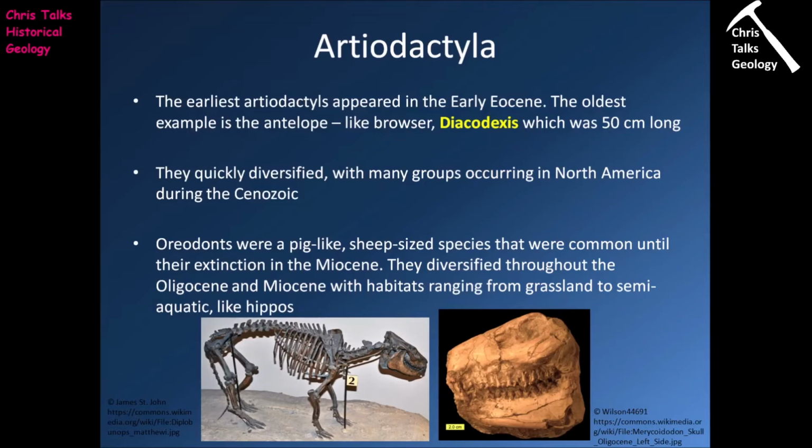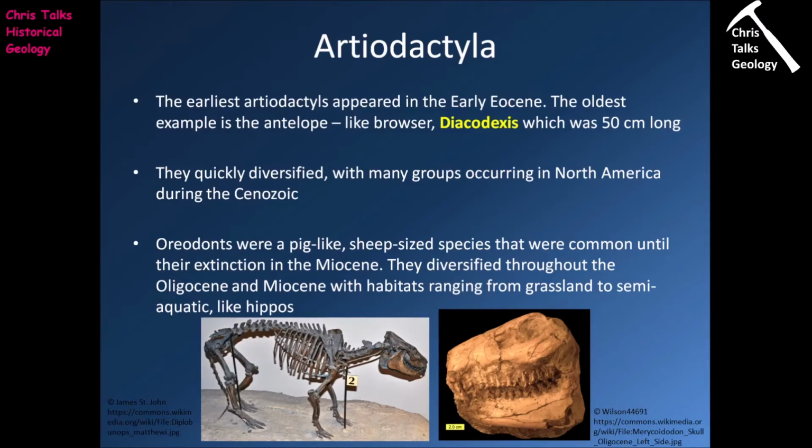The reason we classify it as a member of the Artiodactyla is because we can see the 3rd and 4th toes are already beginning to become overdeveloped, and they're bearing most of the weight. This means that given enough time, the 1st, 2nd and 5th toes would have become vestigial and would eventually have been lost. Now we see the Artiodactyla quickly diversifying throughout the Cenozoic, and many of the groups that appear will have lived in North America for at least a period of time.